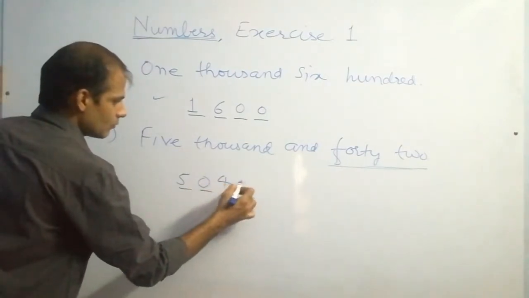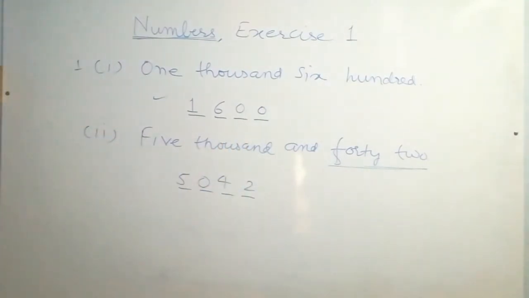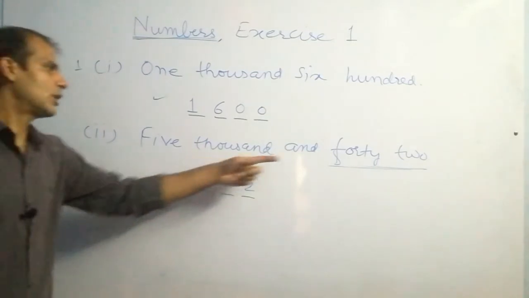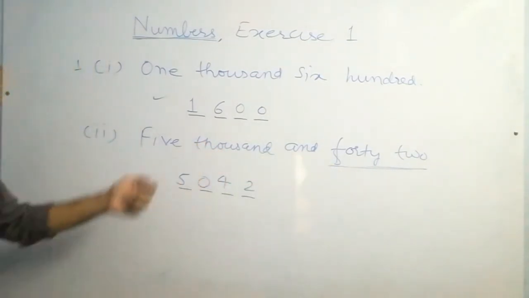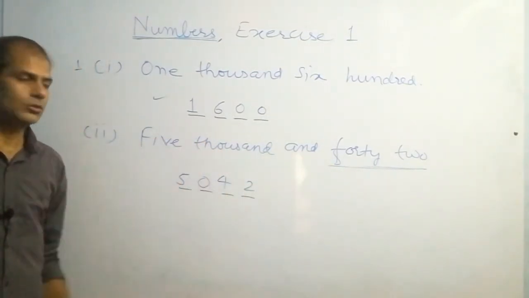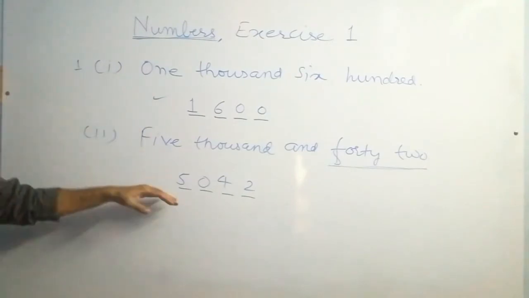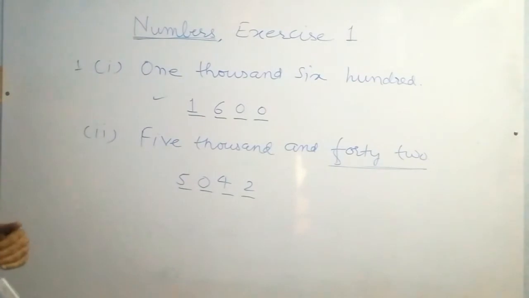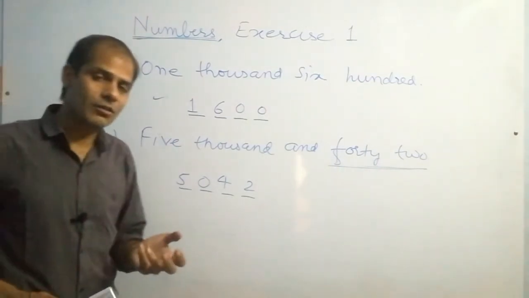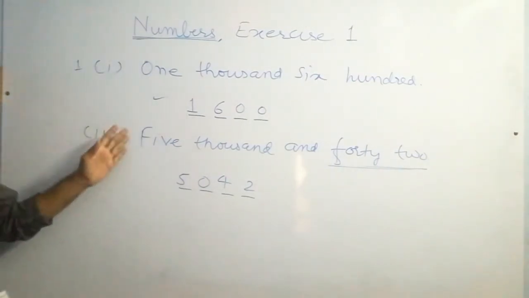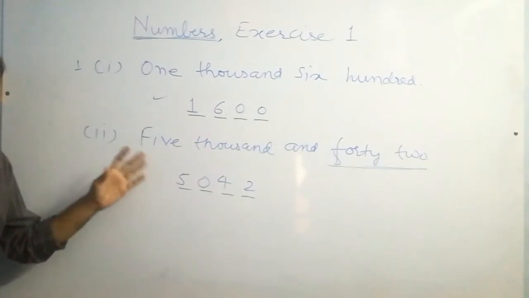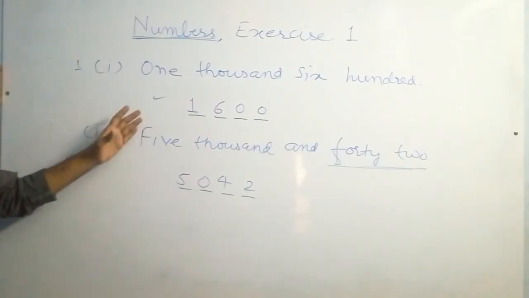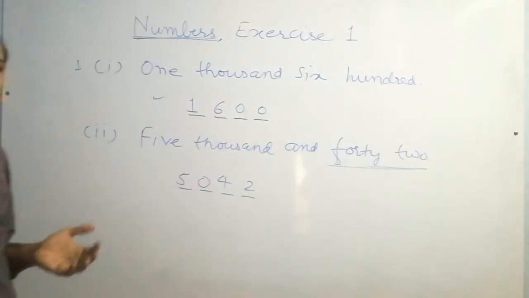So we will write 42. It means 5042 is equal to 5042. So this is a word form and this is numerals. Both these are same. The difference is in the way of writing or the difference of language. It is in English language and it is in maths. So mathematically we are converting the word forms into numerals.